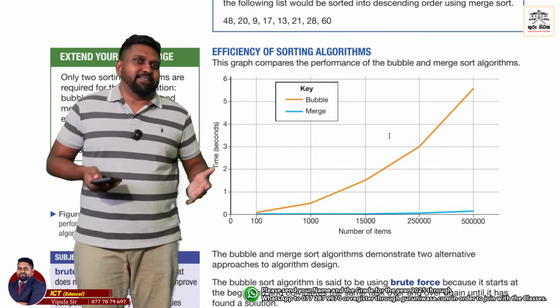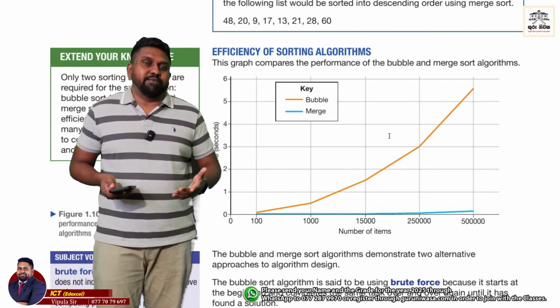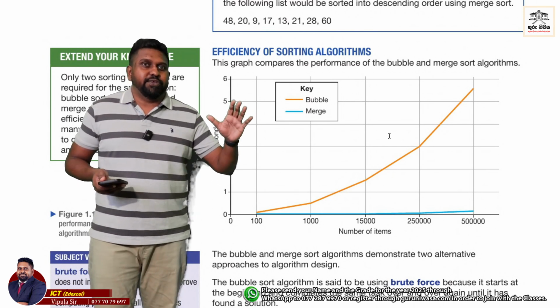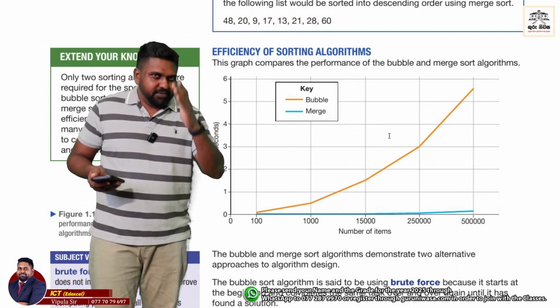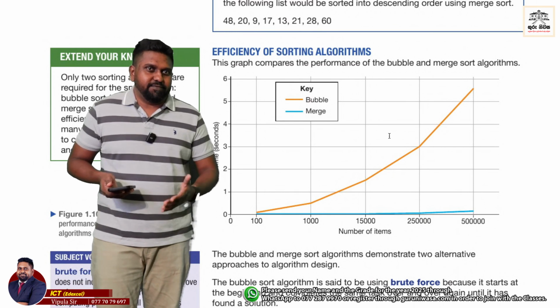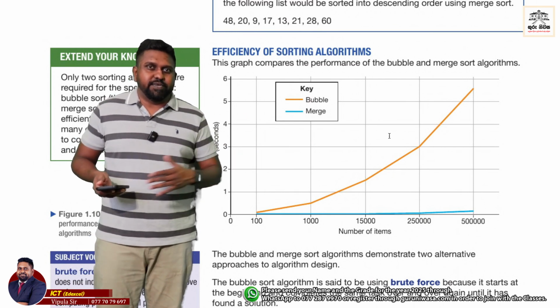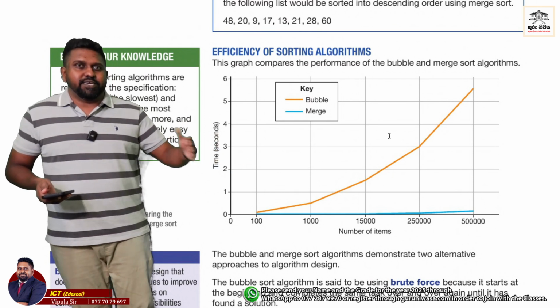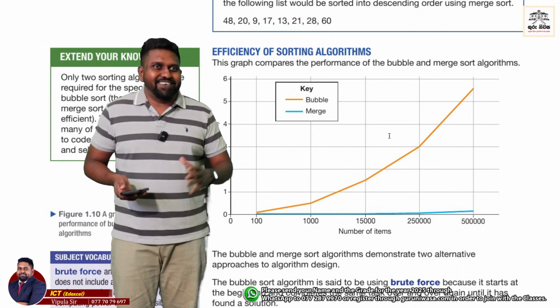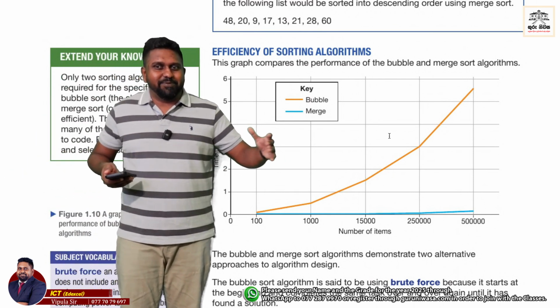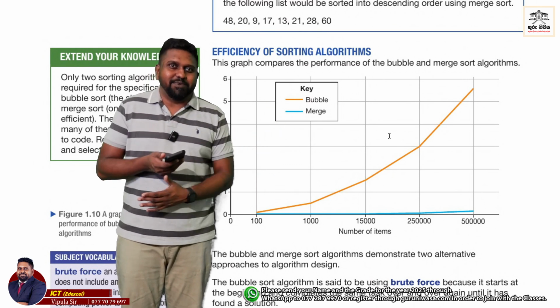If we have 100,000 items, merge sort will divide them by half, left and right, 50,000 and 50,000. Then 25,000 and 25,000. Then 12,500 and 12,500. Likewise, you split it up into multiple parts, sort it, and merge.